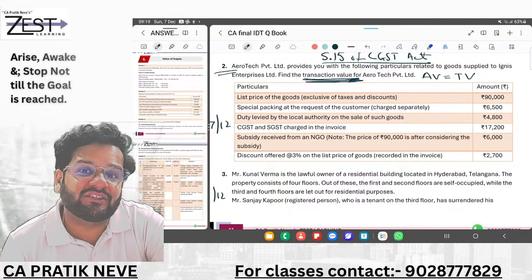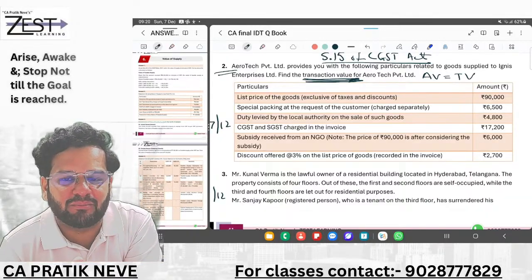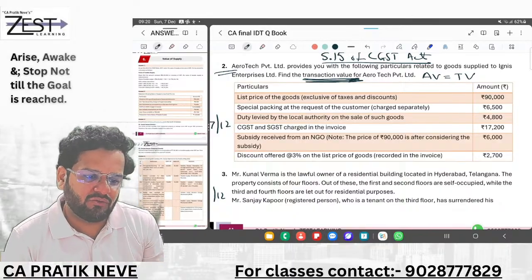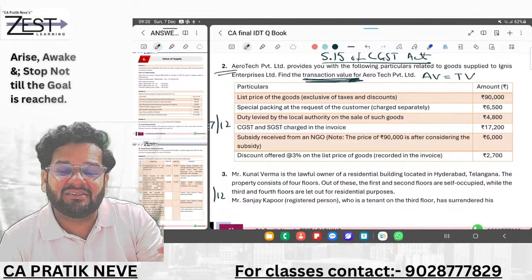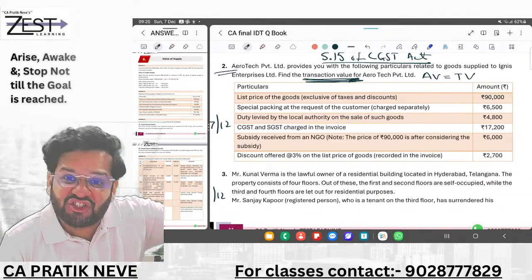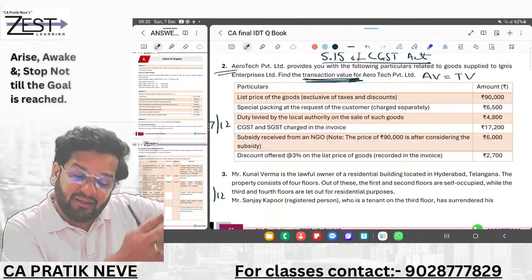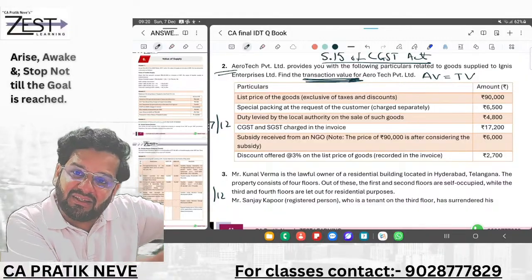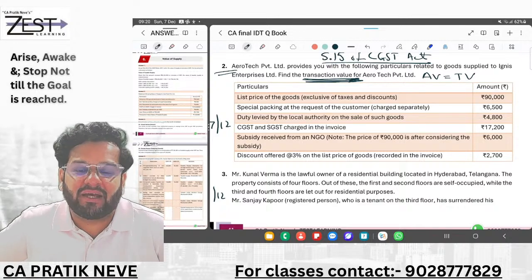And what should you exclude? Discounts which are given before or at the time of supply, provided they are recorded in the invoice, and discounts which are given after supply, provided that the fact that the discount will be given exists in the document provided at the time of supply.